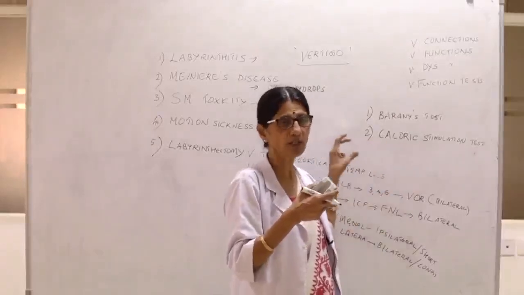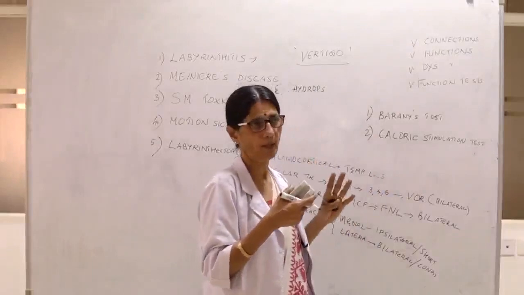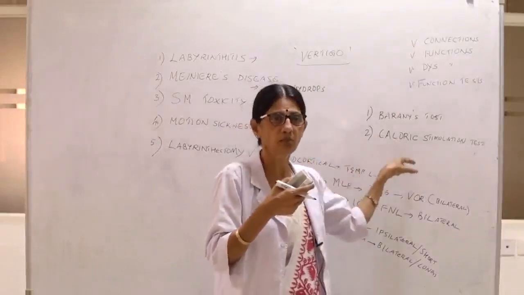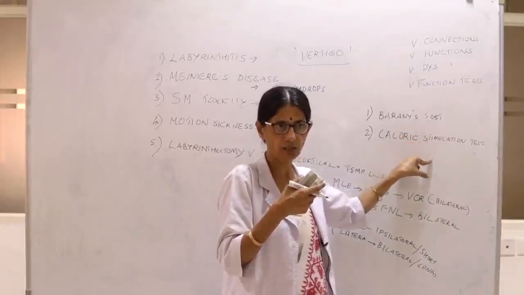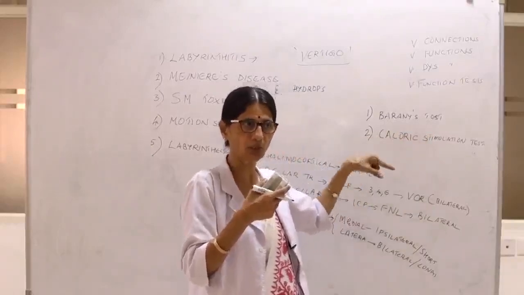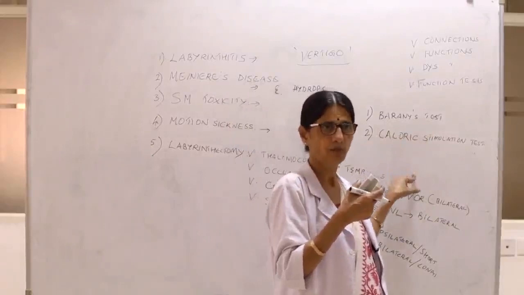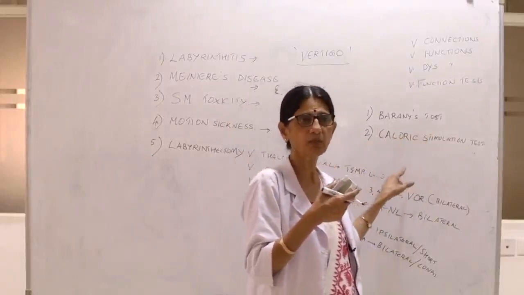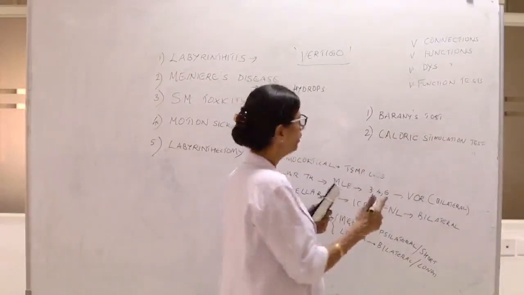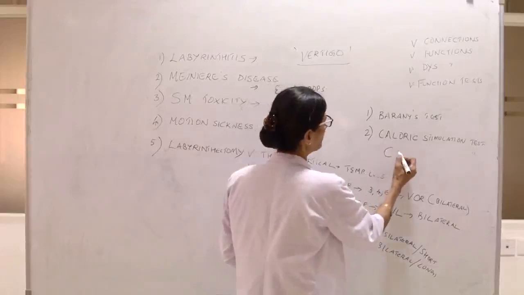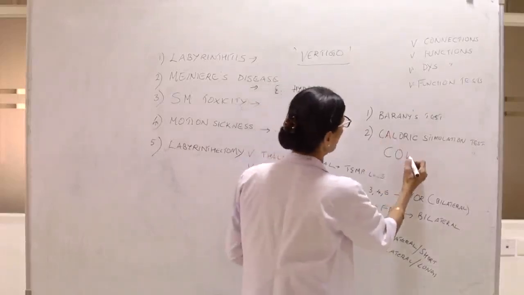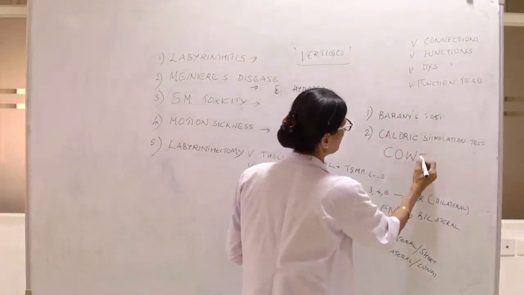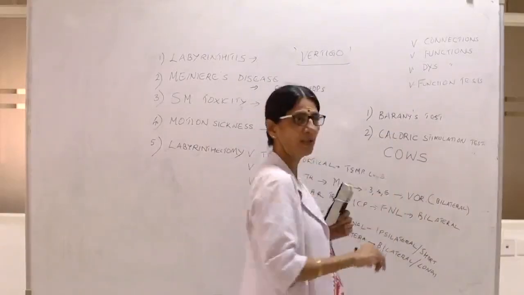If cold water is irrigated on one side, stimulating the vestibular apparatus or the semicircular canals, because of the change in temperature, the nystagmus will be in the opposite direction. And if it is warm water, it usually produces nystagmus in the same direction.